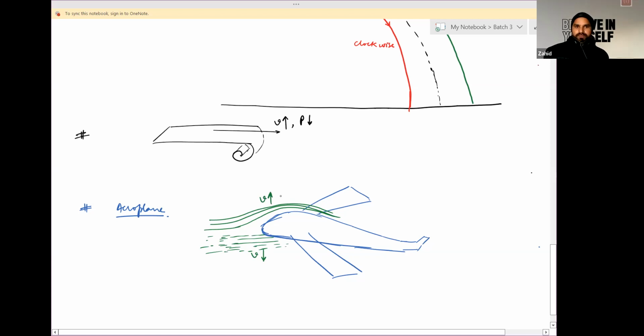This change in velocity will lead to a pressure difference. So at this point, pressure will decrease, and at this point, pressure will increase. This pressure difference will be enough to uphold the whole plane. Is it clear?